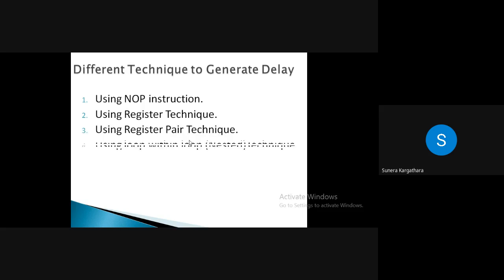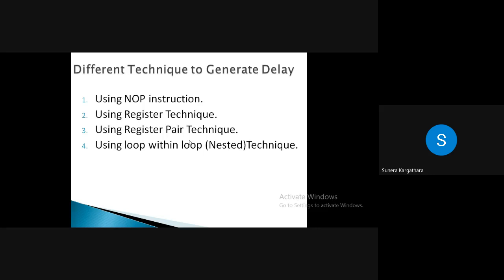For that, you can move to either the third or fourth technique. Again, I'm repeating: for microsecond delay, you can always go for the first method. For millisecond delay, you can go for the second method. But if you want your delay in terms of seconds, you cannot go with the first two methods. So you need to choose between the third and fourth method while designing a delay in terms of seconds.